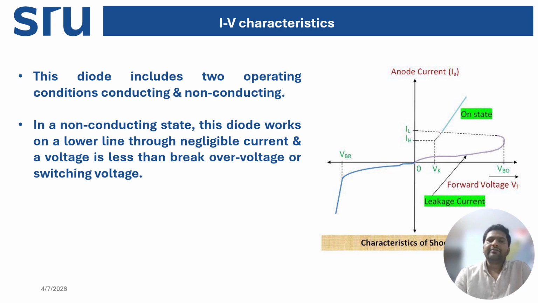Latching and holding currents: once on, the device remains on even if the voltage is reduced. It turns off only when the current falls below the holding current. The current required to initially turn it on is called the latching current.